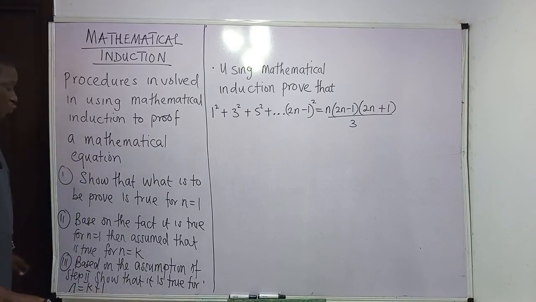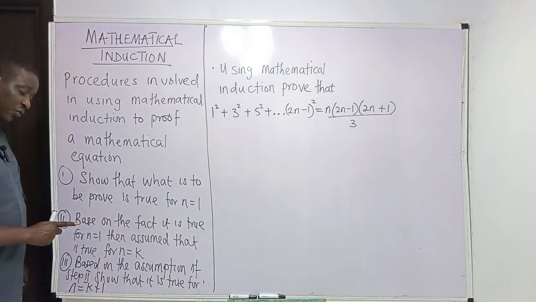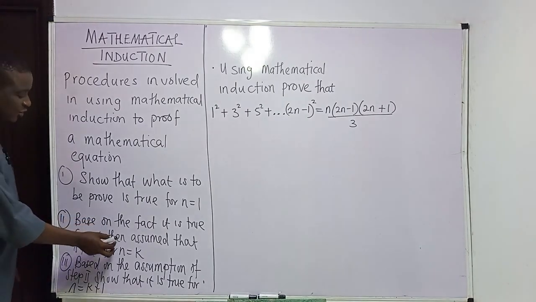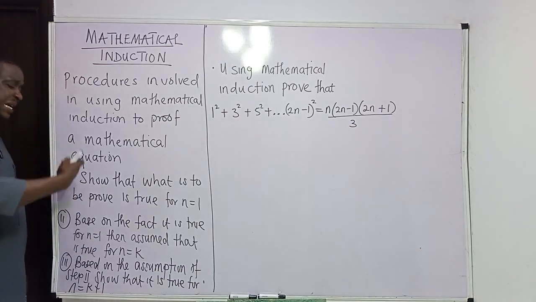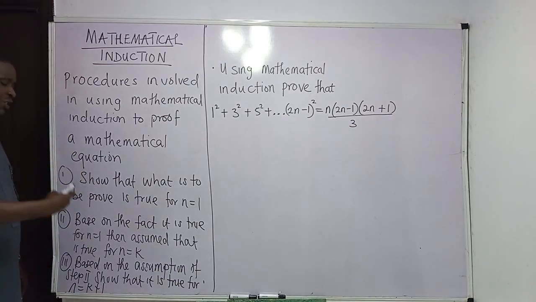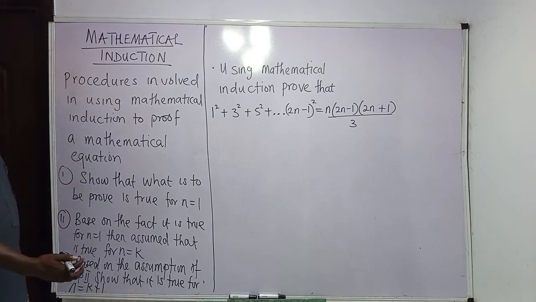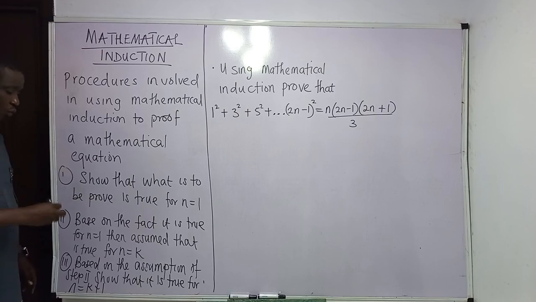So we show that it is true for n equals k plus 1. That is to say, your assumption in step 2 must be valid before you can, based on the assumption, prove or show that it is true for n equals k plus 1.